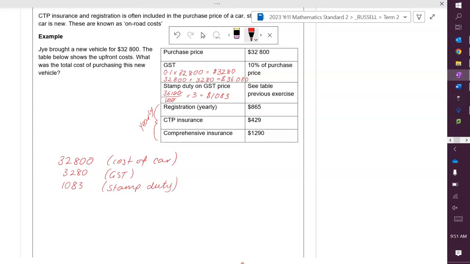We then have our registration, which is $865. So that's our rego. We have our CTP insurance, which is $429. And then we have our comprehensive insurance, which is $1,290.